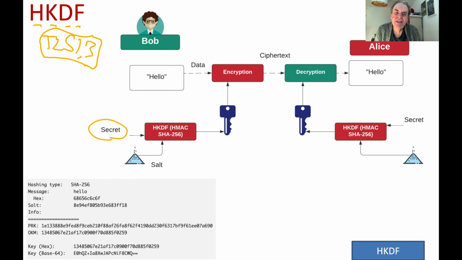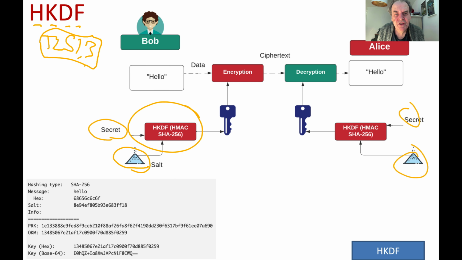With this, we take a secret, which could be a password or some random value or seed value that they negotiate, such as through the Diffie-Hellman method, and we take a salt value, and both Bob and Alice know the secret and the salt value. They put it into the key derivation function.